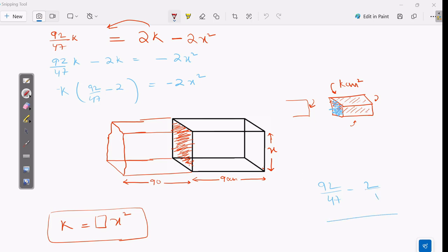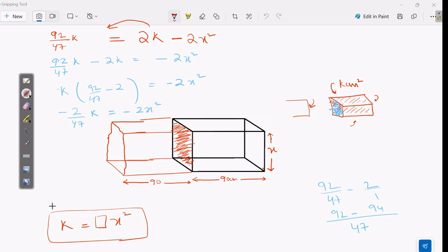Take the LCM, 92 minus 94. So negative 2 over 47 times k is equal to negative 2x square.